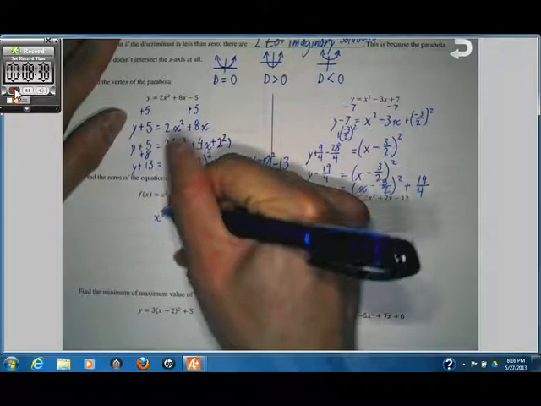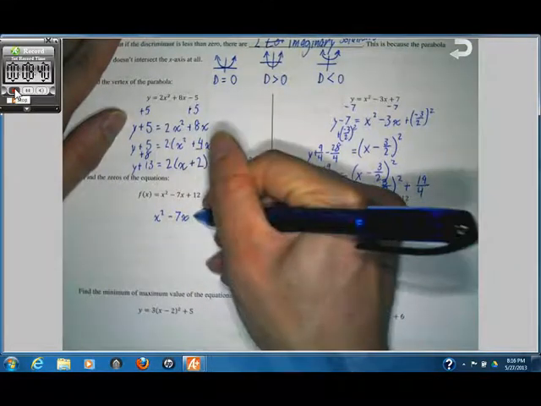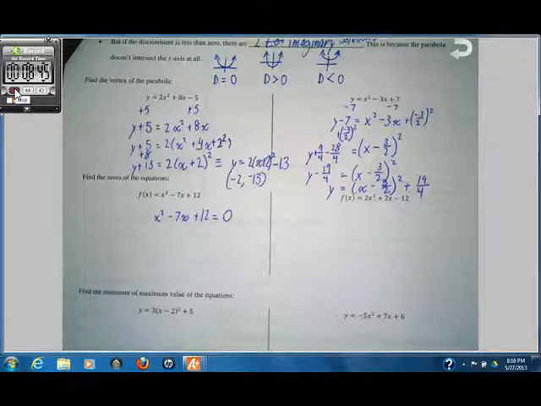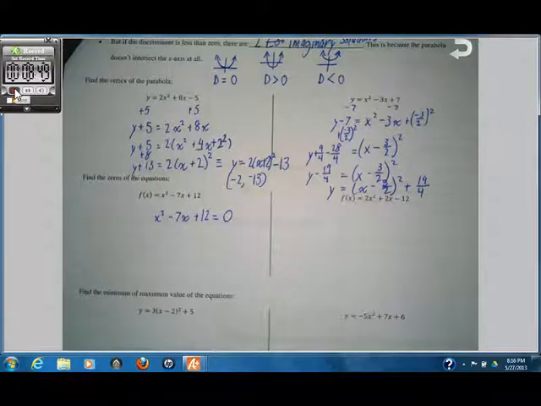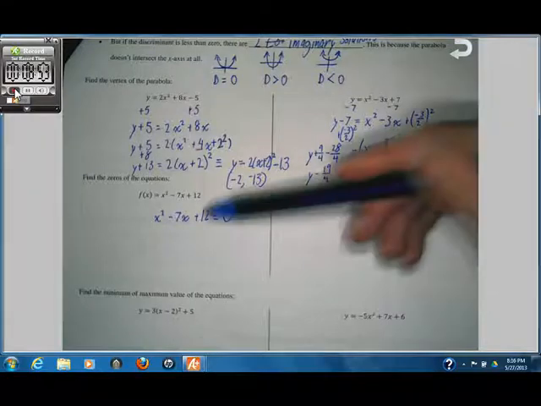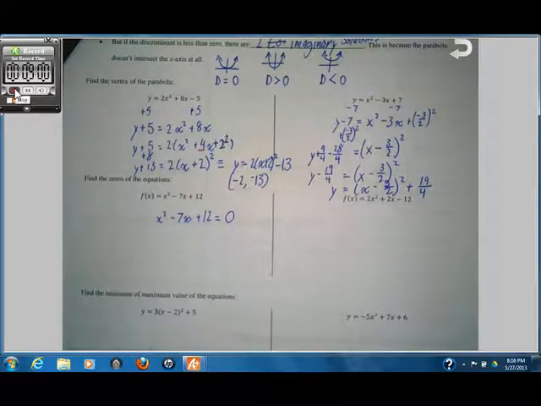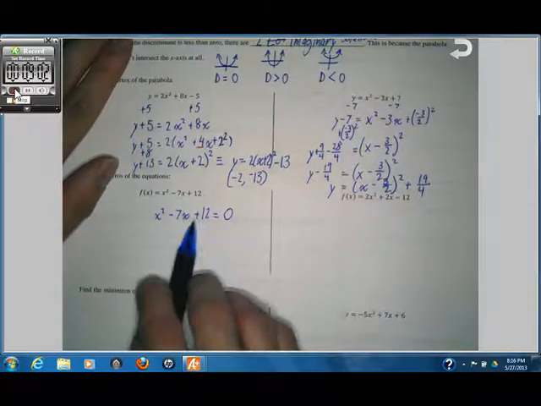But in this case, we look at our factors of 12, and we look for the factors of 12 that add up to -7. We know they're both going to be negative because they have the same sign. So we look at x and x. We know it's going to be minus and minus. And the factors of 12 that add up to 7 are going to be 3 and 4.